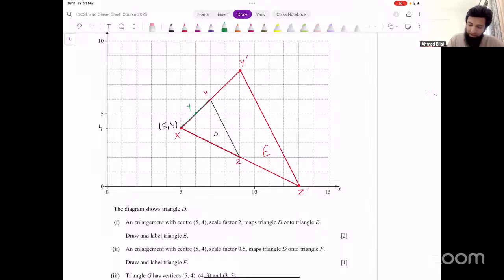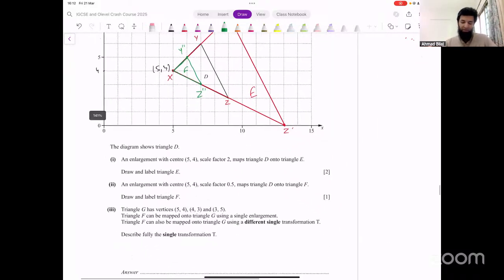It was 2 units diagonally earlier, now it becomes 1 unit diagonally. So that's Y prime. And then Z, you just halve that distance. Where is that point going to go? That will be right here. This is Z prime. And your second triangle, that looks like this. This is the triangle you get after an enlargement with scale factor 0.5. Let's label this F. That was the second thing that you were supposed to do.